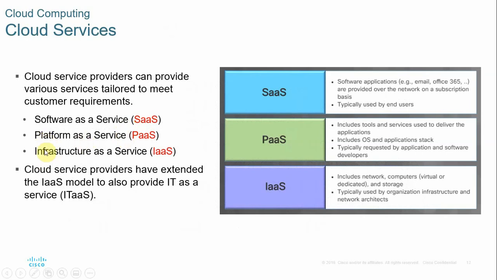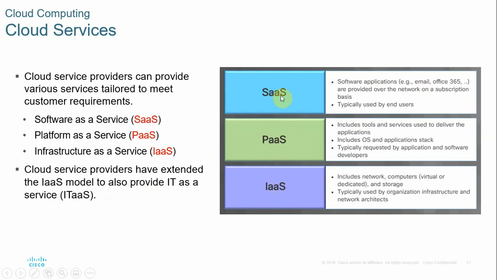Then platform as a service and infrastructure as a service. Cloud service providers have extended the IaaS model to also provide IT as a service, ITaaS, infrastructure services. So they provide IT as a service: SaaS, PaaS and IaaS.